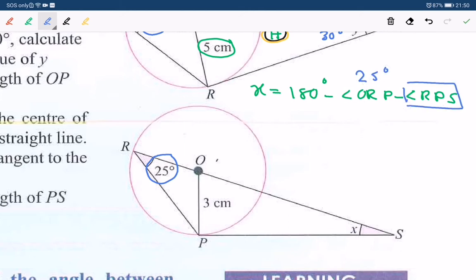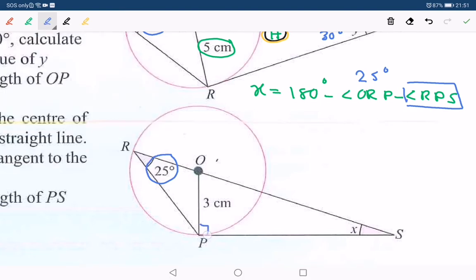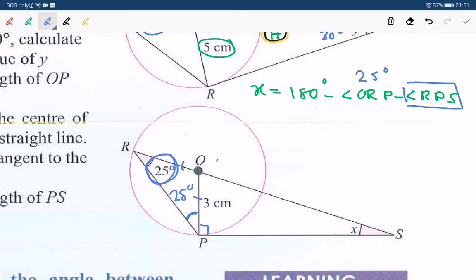RPS. First, we know that this one is 90 degrees. So what is here? This one is isosceles, that means the lengths are the same, so the angles are also the same. If here is 25, that means here is also 25.